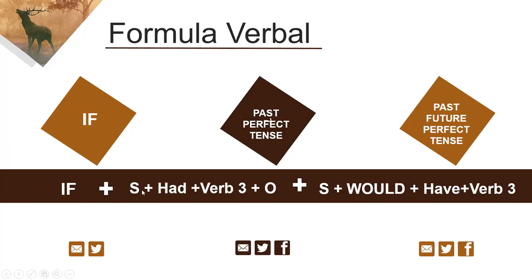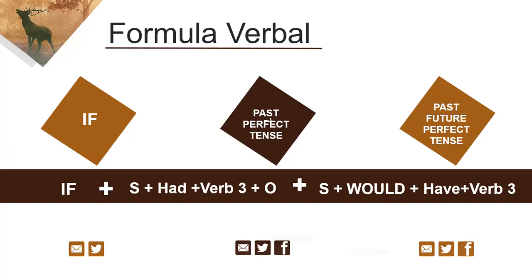Okay, so if I had much money, I would have bought that house. So bought is verb 3, because it's perfect tense. Right, this is a verbal sentence.